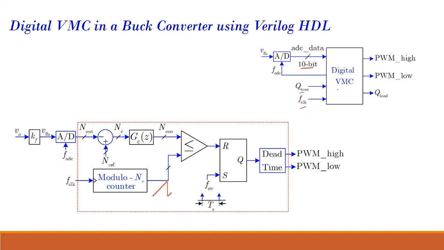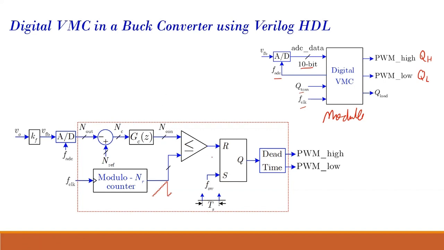These are the inputs to my voltage mode control module. The outputs of the module are QH, QL, Q load, as well as FADC. So this module takes some inputs and generates certain output signals.